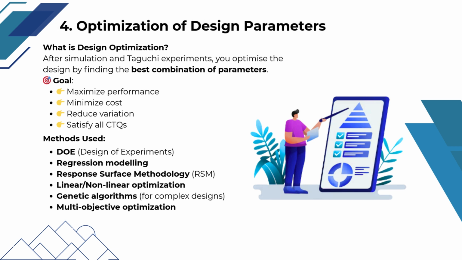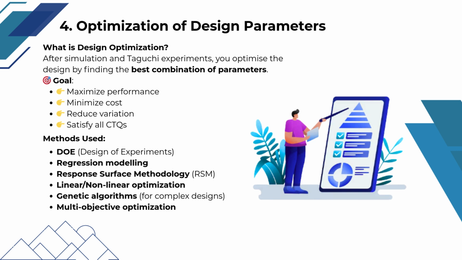Design optimization is the process of refining a product or process after simulation and Taguchi experiments to find the best combination of design parameters. The goal is to maximize performance, minimize cost, reduce variation, and ensure all critical to quality (CTQ) requirements are met.